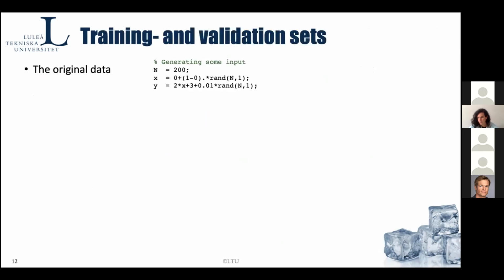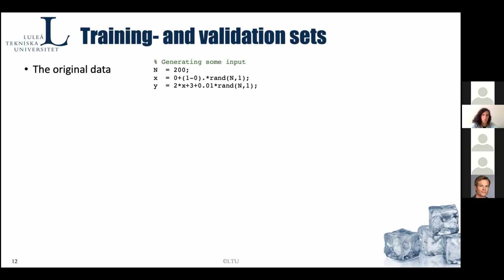Okay, and we need both training and validation sets to check whether we have any reliable output. And to do this, in this simple case, we generate some X and Y data, precisely this one.